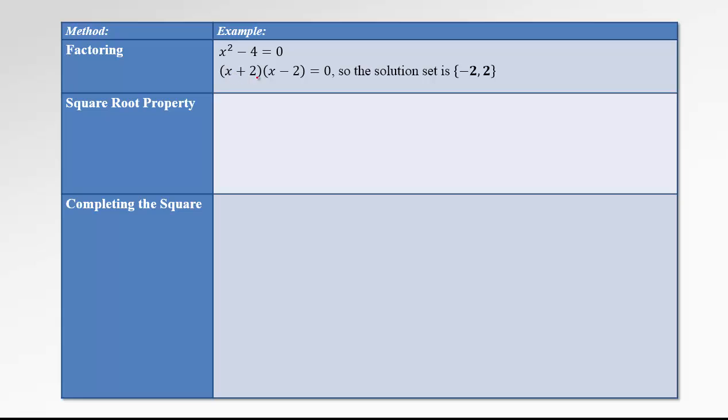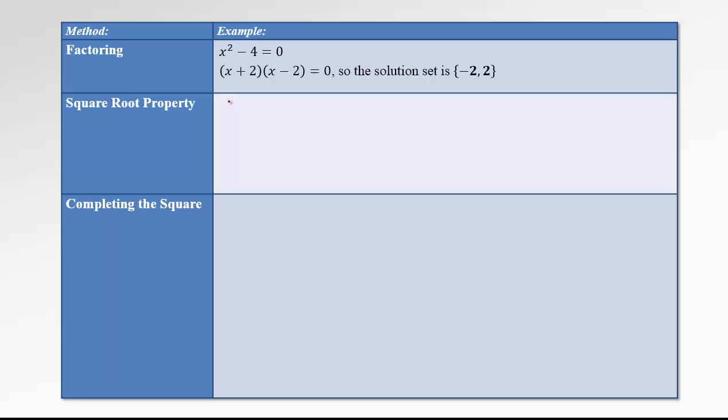Therefore, we can read the solutions from each bracket. Each bracket contributes one solution. We're using the zero product property. The product of two factors is 0 if either the first factor is 0 or the second is 0. Well, the first bracket is 0 when x is negative 2. The second bracket is 0 when x is 2. So again, we've got the same solutions.